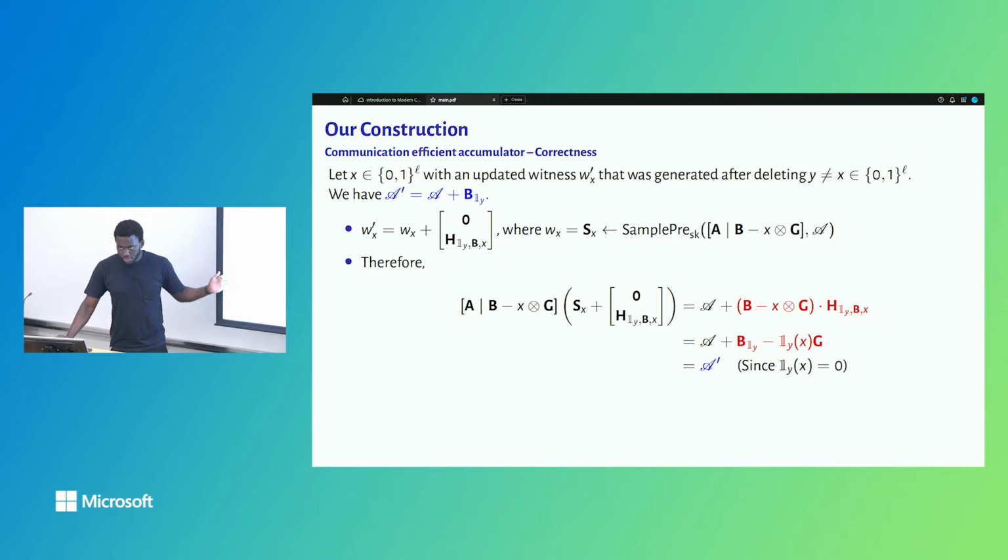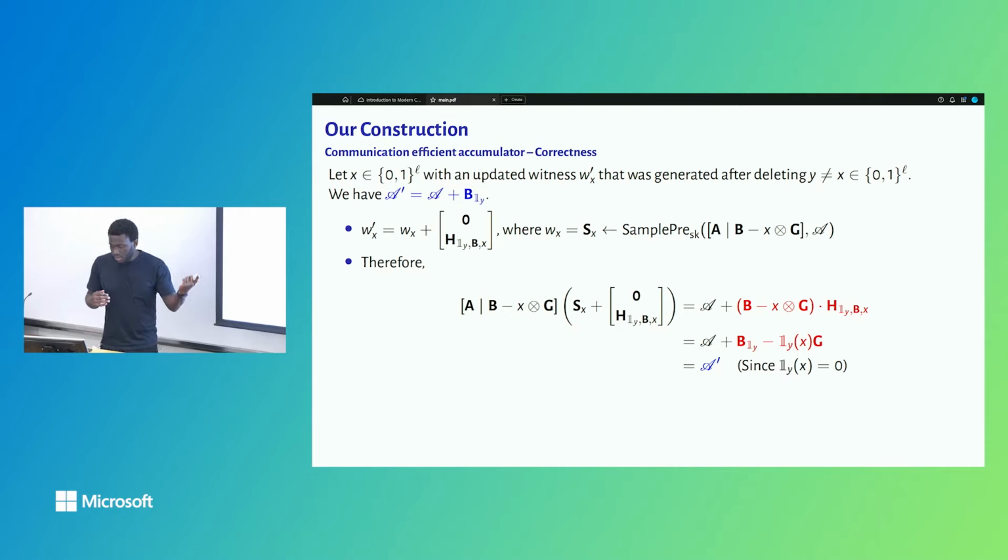When you distribute what's inside the parentheses, what you get is the old accumulator value plus B minus X tensor G times H. And from our toolkit on homomorphic operations on matrices, what this B minus X tensor G times the matrix H represents is just B indicator of Y minus indicator of Y times G, applied on X. But because X and Y are different, this indicator is just 0.